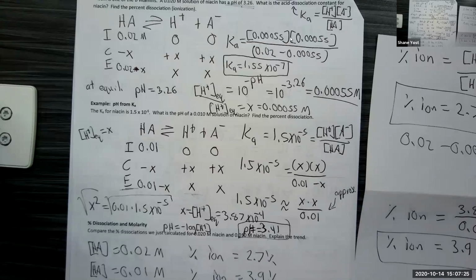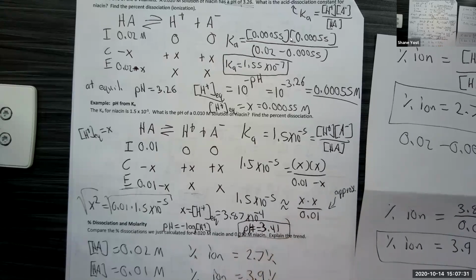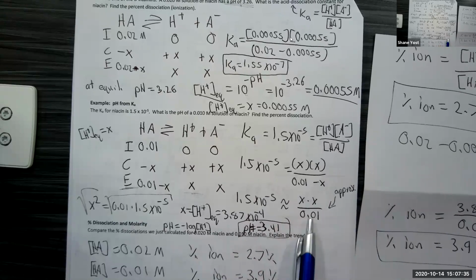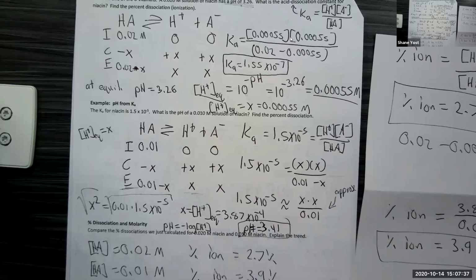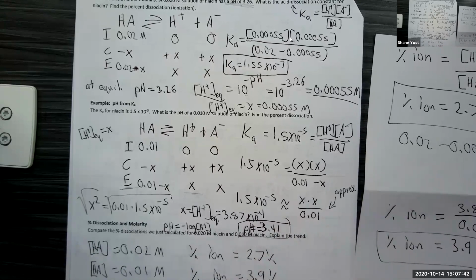Then we'll often use the approximation that the initial concentration of the weak acid minus the change is negligible, so I can just use the initial concentration to solve. That makes the math a lot easier: no quadratic formulas, you just take the square root of some number.